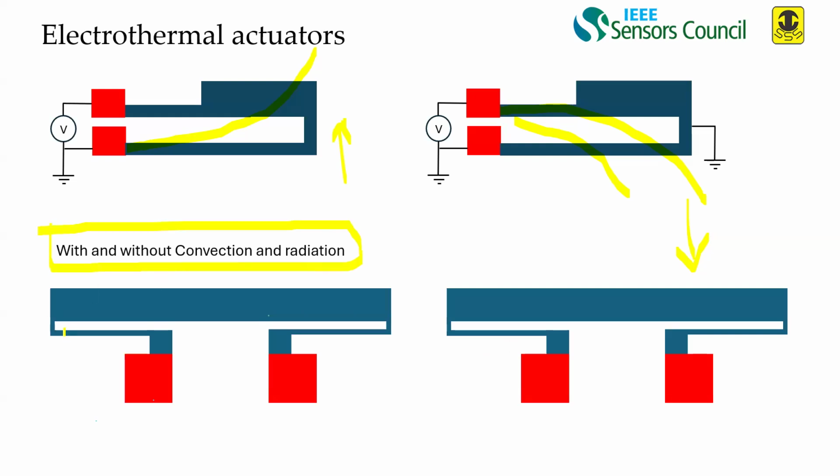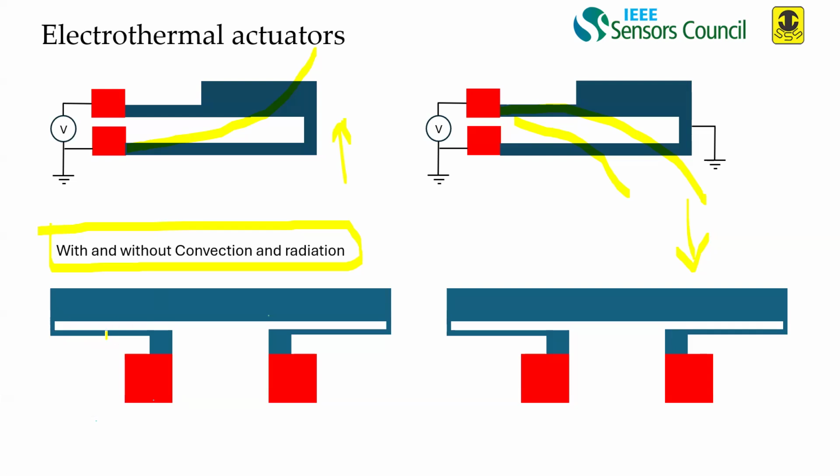What I mean here is, when something gets heated, it will try to release some of the heat, either convected or radiated. But if there is no convection or radiation, how will it deform?